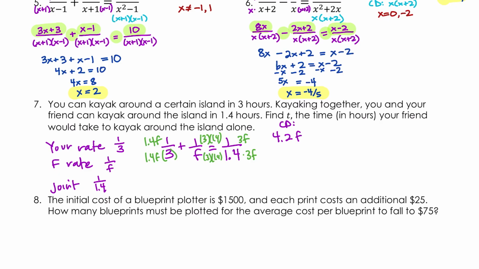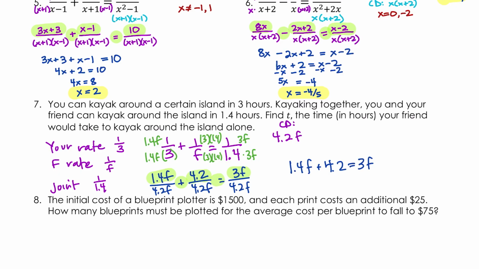Okay, so putting that together, I'm going to have 1.4F over the 4.2F, that's your common denominator, plus 4.2 over 4.2F equals 3F over 4.2F. So again, we have a common denominator, and we can just look at these numerators. So 1.4F plus 4.2 equals 3F.